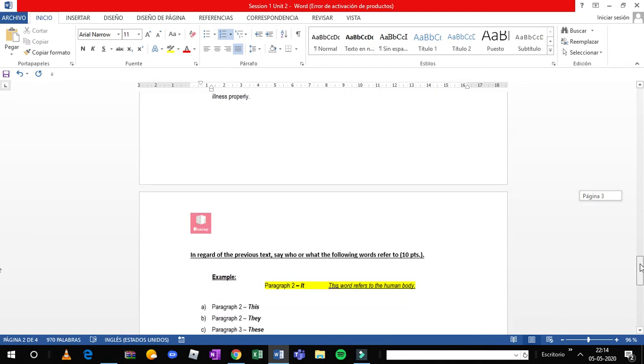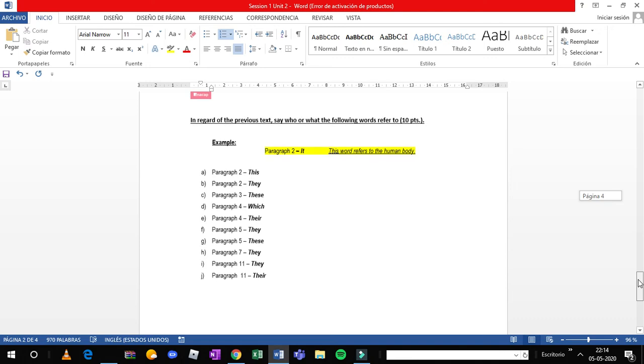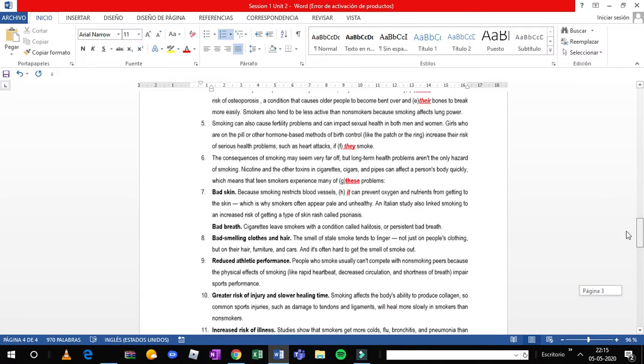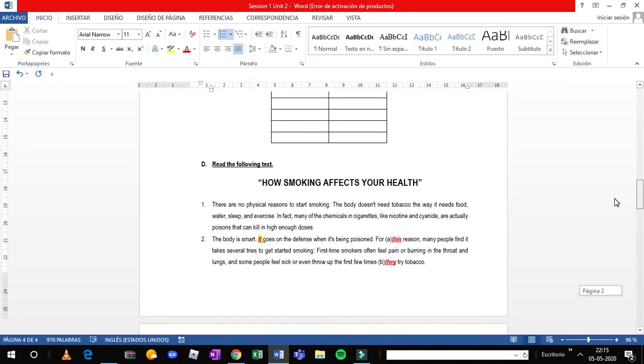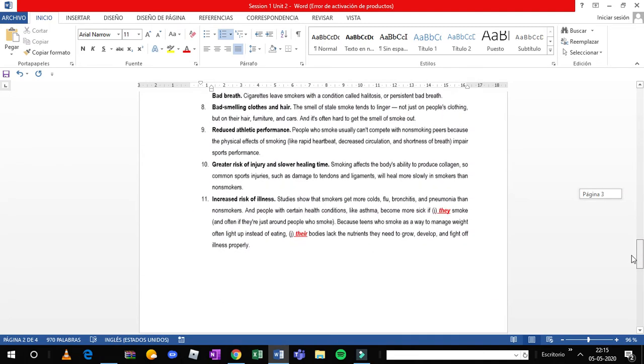In regard to the previous text, say who or what the following words refer to. Here we have an example in paragraph 2. The body is smart. It. What is the reference of it in this case?